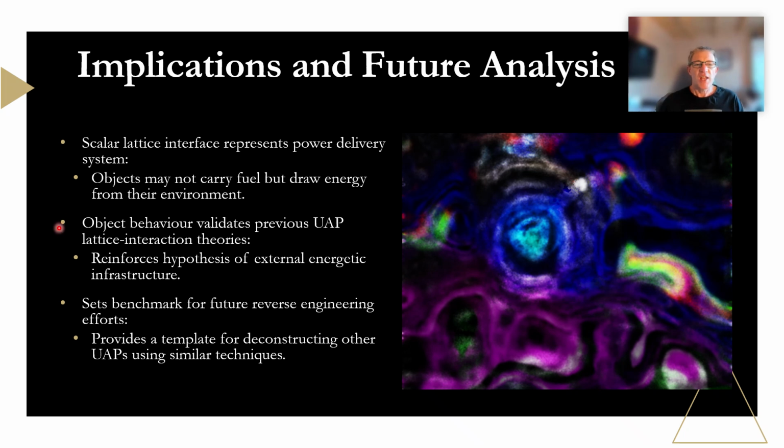Object behavior validates our previous UAP lattice interaction with the substrate of space itself, and reinforces the hypothesis of external energetic infrastructure in the surrounding space, which seems to be universally present and mathematically confirmed if you go back and look at the scalar variable in Maxwell's extended electrodynamics and Heaviside's electrogravitic equations as well. We've done a lot of work linking all that up with this and published on that as well. Now this sets a benchmark for future reverse engineering efforts, and provides a template for deconstructing other UAPs using similar techniques.